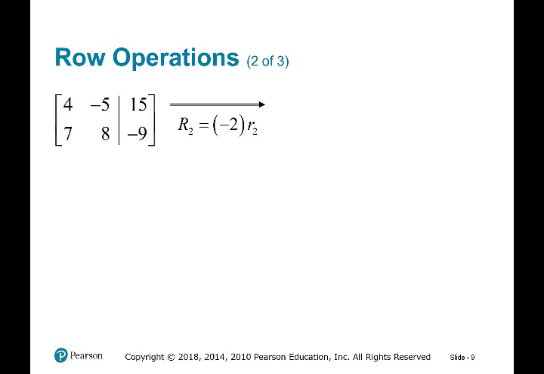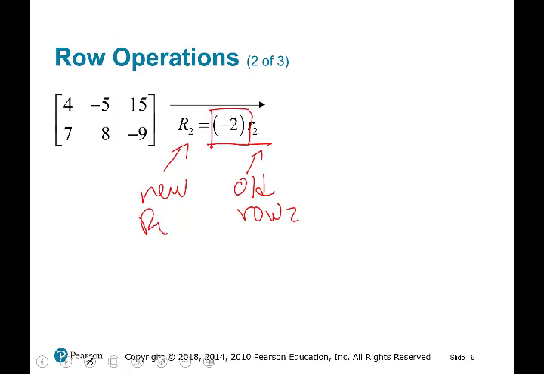Row operations. This is the case of number 2. Here we're taking all of row number 2, right? So this is all row 2. We multiply that by minus 2 and we get a new row 2, right? So technically it's multiplying the bottom part by minus 2. So what do we get?